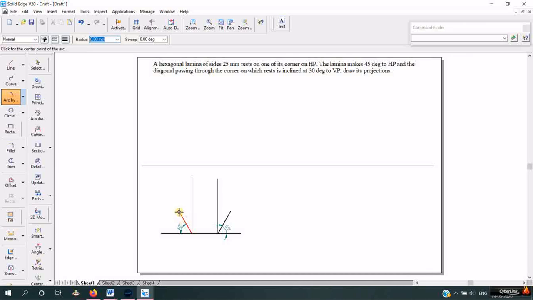I will take an arc by center point. Cut over here, and from here also 25. Then you can join these two lines, and we will get the hexagon.